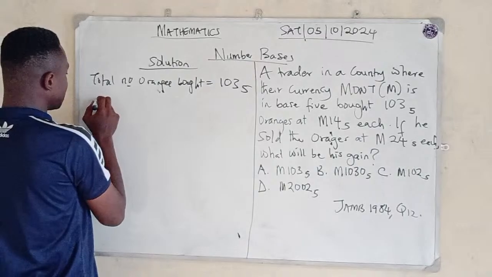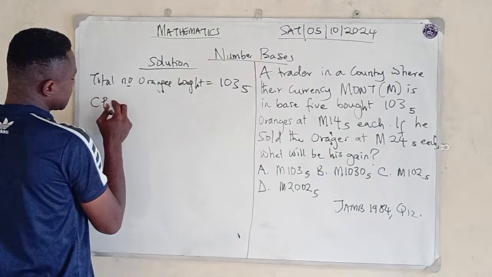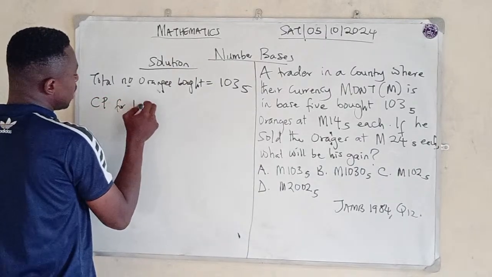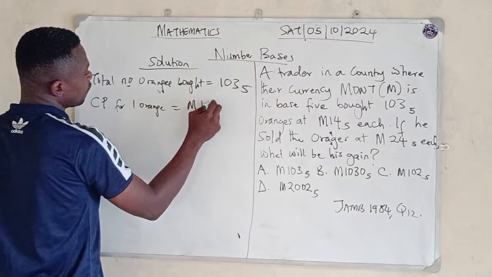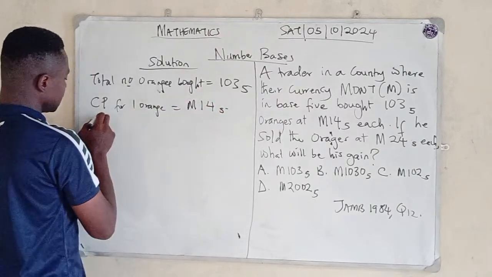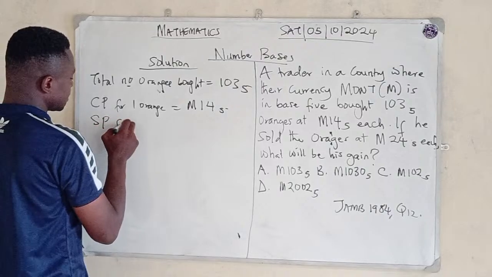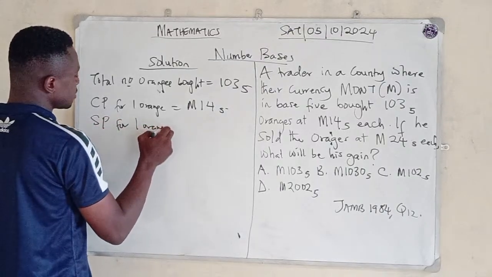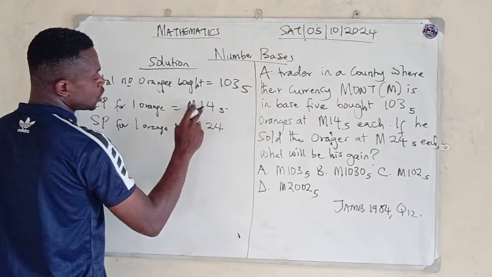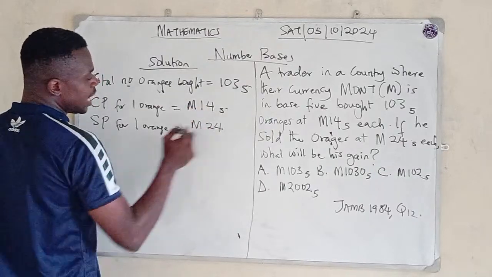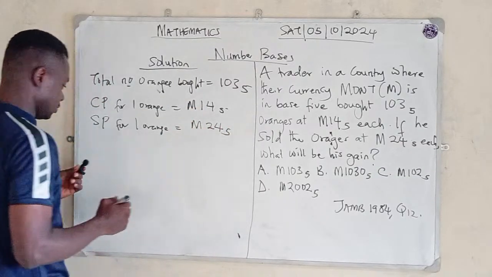Then the cost price for one orange is M14 to base 5. Selling price for one orange is M24 to base 5.